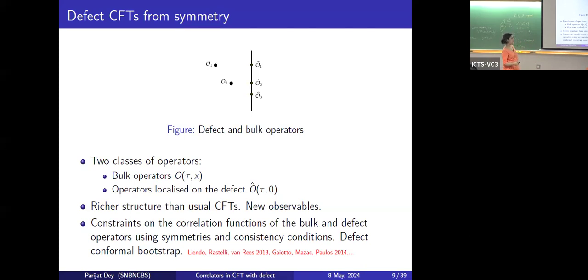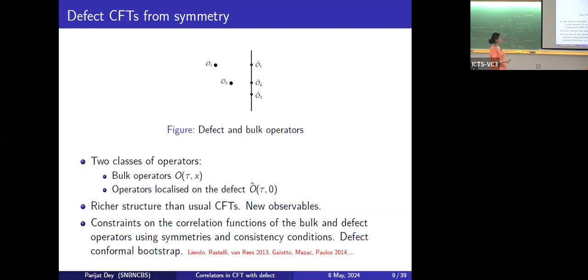These are localized operators, and I have used this hat to denote that these are defect operators. These are the defect operators that can only live on this line, so they are functions of tau only. We can think of these as living in a one-dimensional conformal field theory. I will talk about this in detail in the later part when we discuss the bootstrap framework.